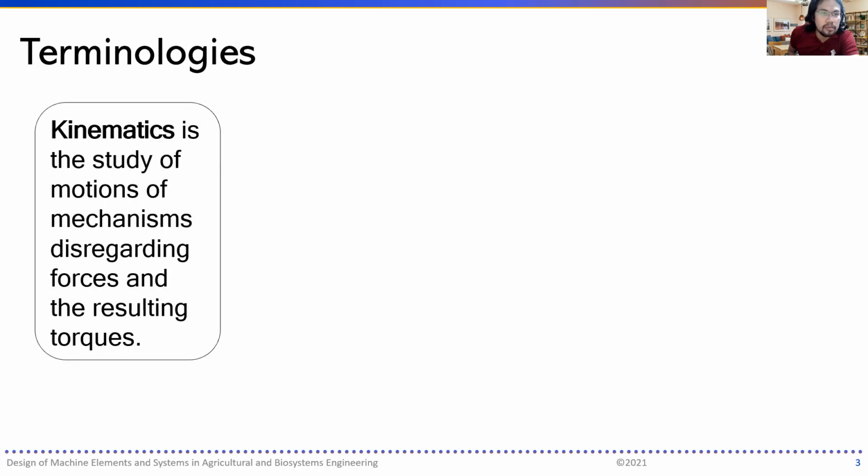proceeding with the term kinematics, which is the study of motions of mechanisms disregarding forces and the resulting torques. Previously, kinematics is built on the study of statics and dynamics.